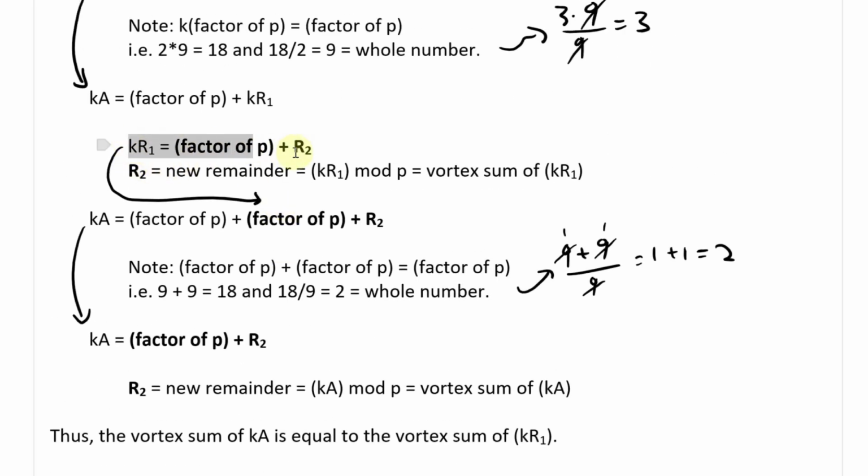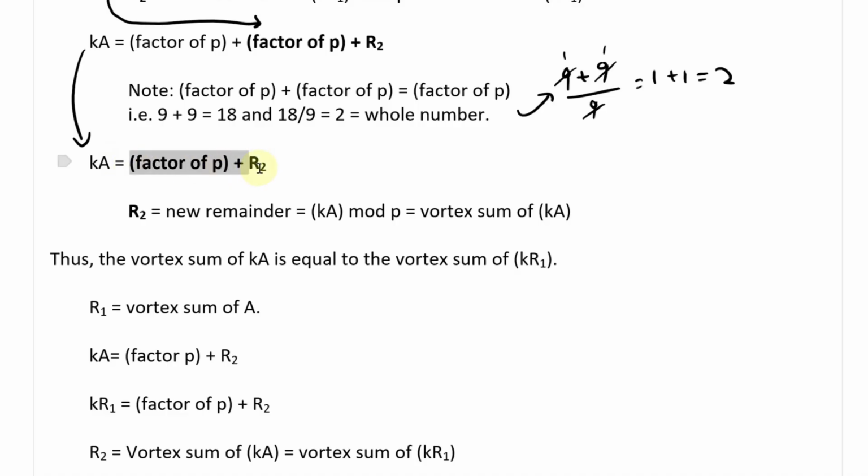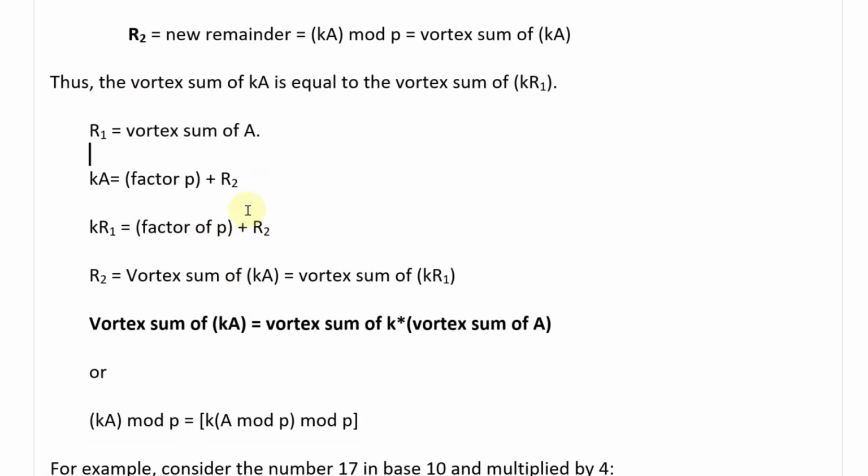So these are the exact same stuff. And when we're dealing with remainders, these have the same remainder, so they're going to have the same vortex sum. So thus r2 equals the vortex sum of ka equals the vortex sum of kr1. And again, k times r1 is k times the vortex sum of a.